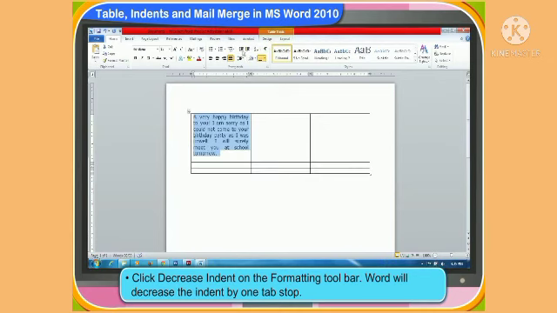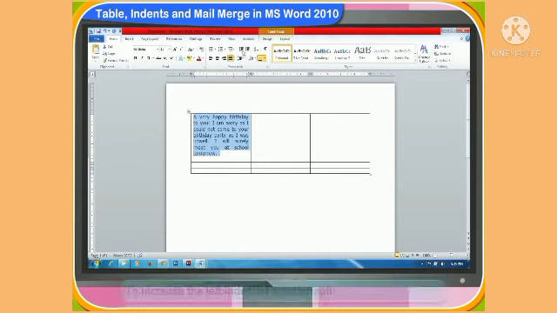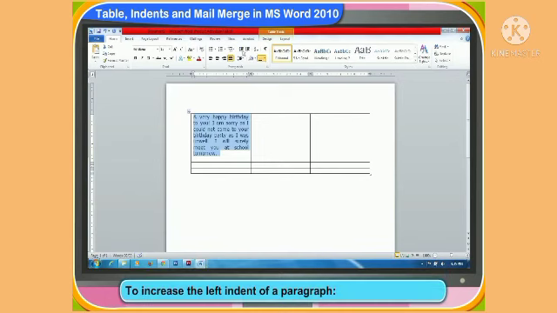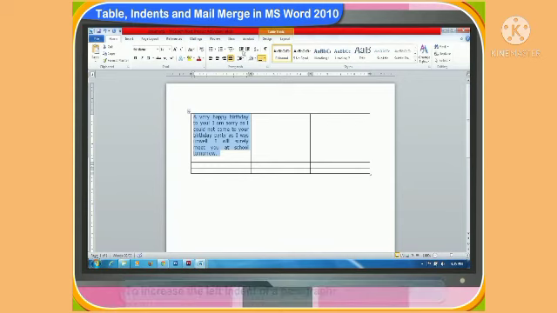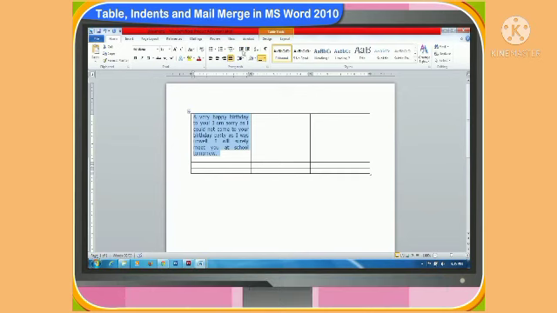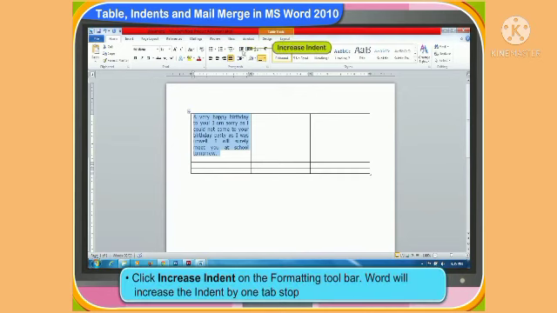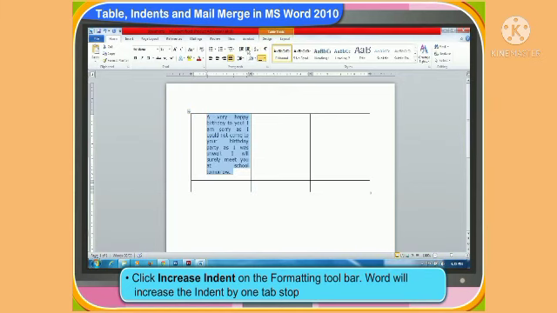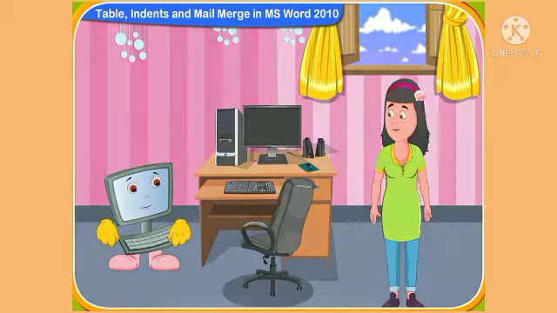Word will decrease the indent by 1 tab stop. To increase the left indent of a paragraph, first select the paragraph you would like to change. Then click Increase Indent on the Formatting toolbar. Word will increase the indent by 1 tab stop.